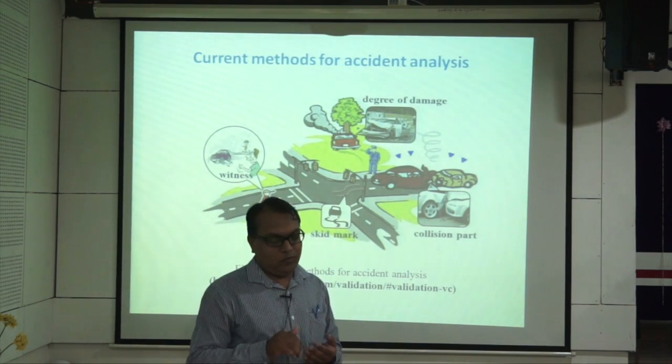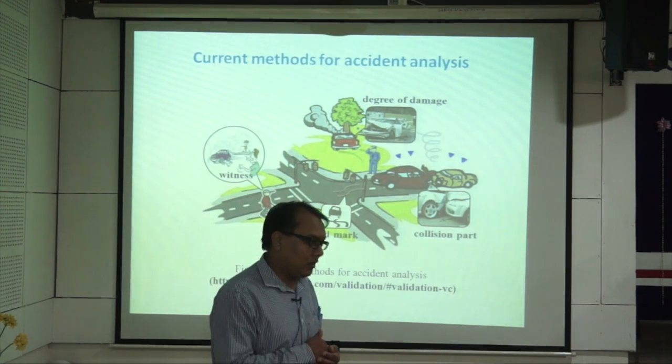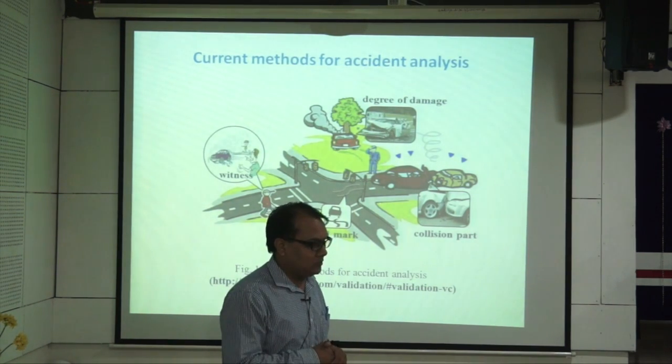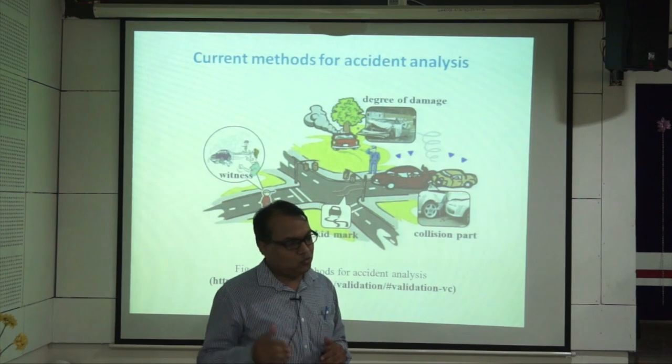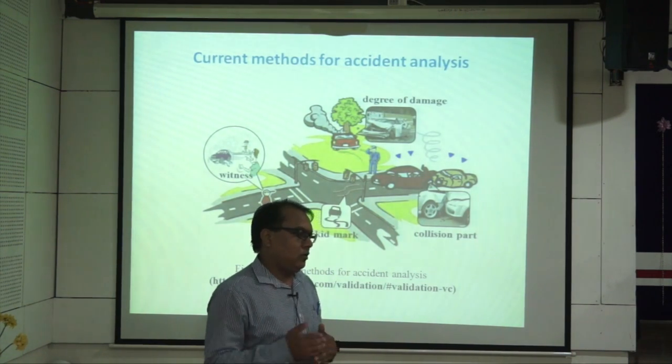So if we design a system that is already present in a car, then this system will act as an individual witness to that particular accident. If we do so, then that witness can be proved in a court.